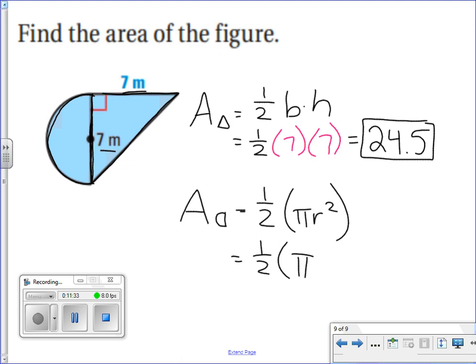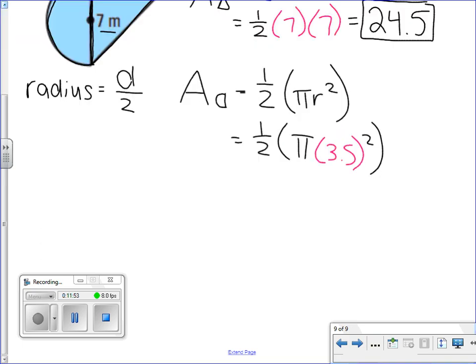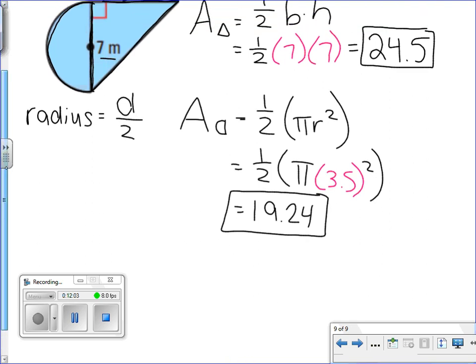So to find the radius, it's just radius is equal to diameter divided by 2. So 7 divided by 2 would be 3.5. Still got to square that. So if I plug that into my calculator, I get 19.24.